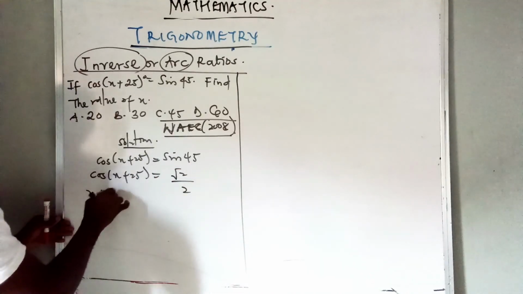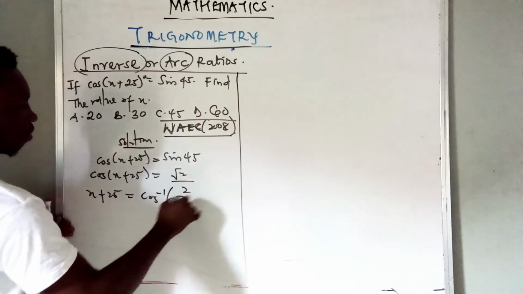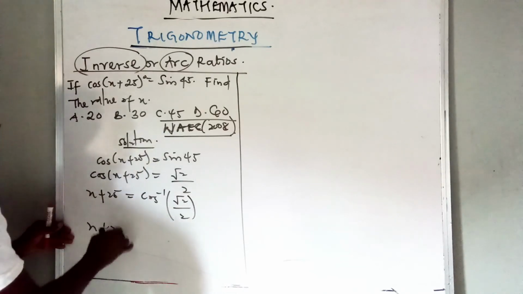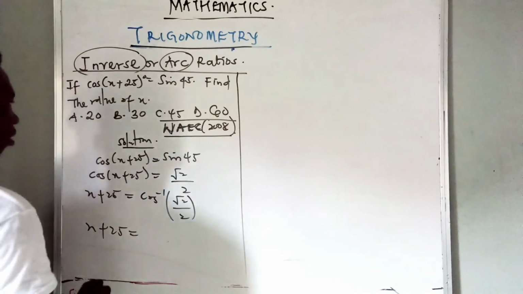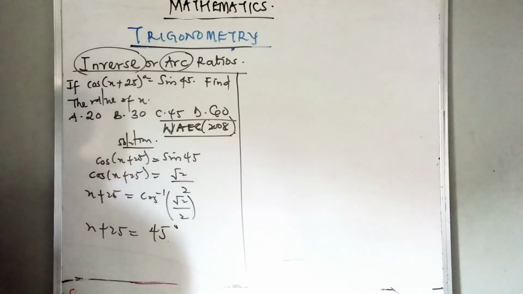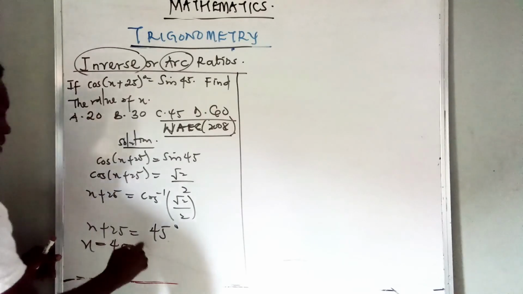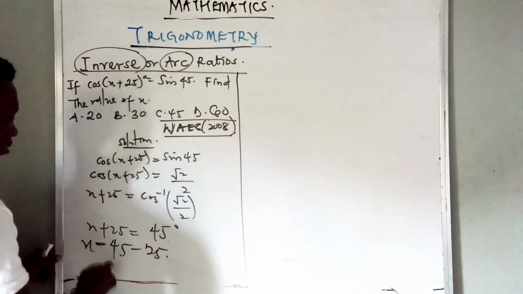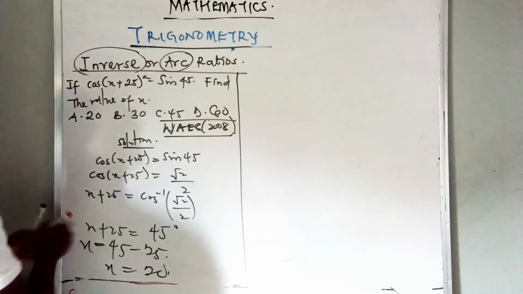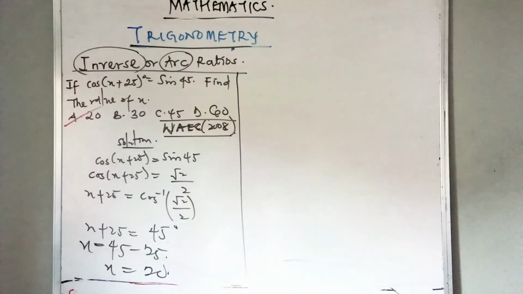So this x plus 25 is equal to cos inverse of root 2 over 2. That's going to give you 45 degrees. So at this junction, x here is equal to 45 minus 25. So x here is equal to 20. And that is your final answer.